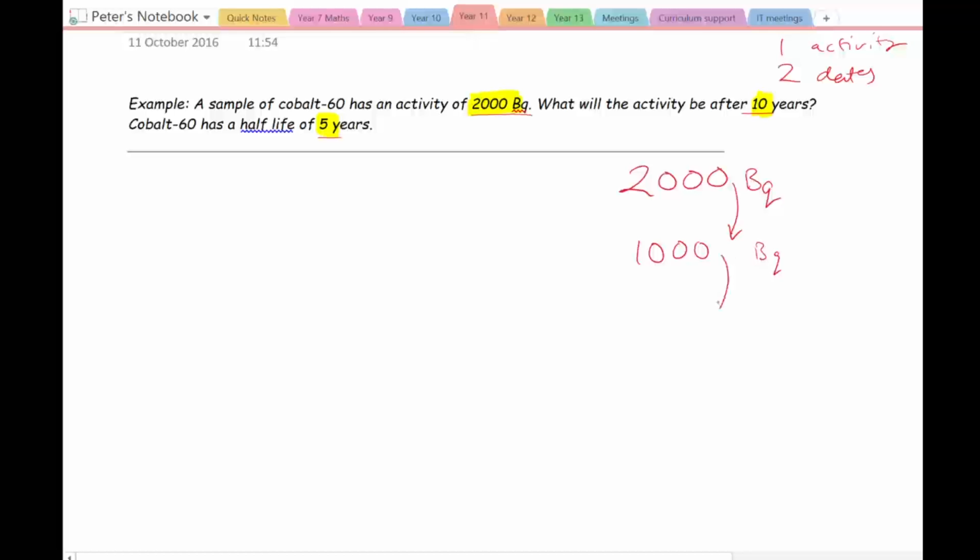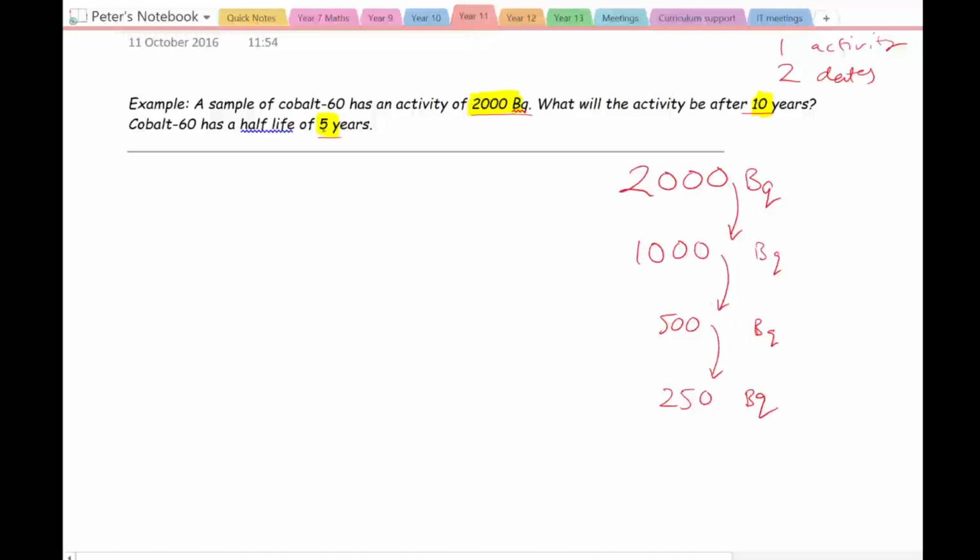In another half-life that would turn into 500 becquerels. In another half-life it would carry on and turn into 250 becquerels, and so on and so on. So we need to understand that there is a chain. Every single half-life the activity will reduce by half and a half and a half and a half again.